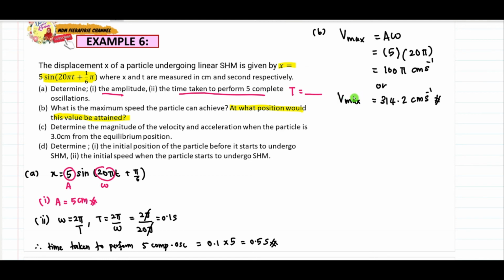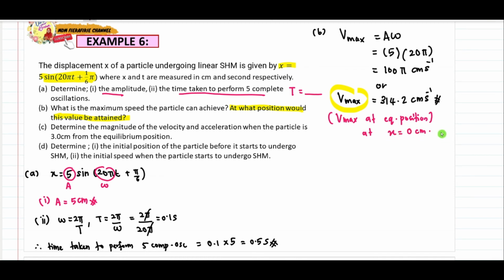Always remember, okay, that V is maximum. Where is V maximum? Always remember that V maximum is at equilibrium position. V will be maximum only at equilibrium position, or we can write at X equal to 0 centimeter.